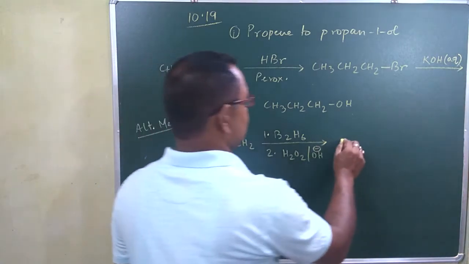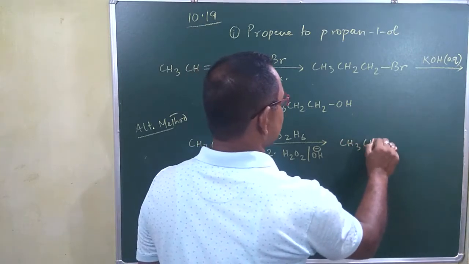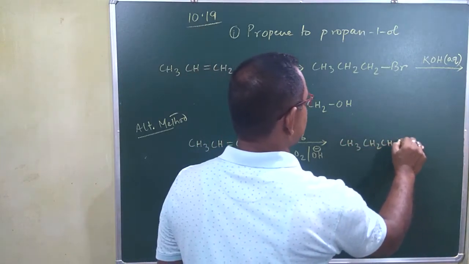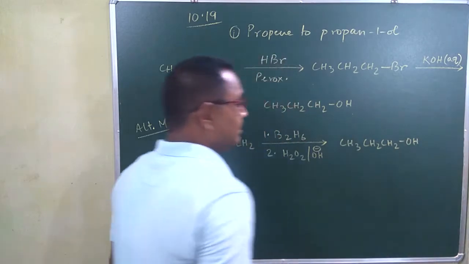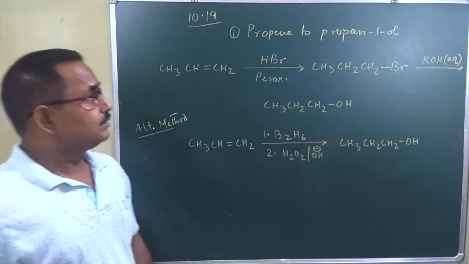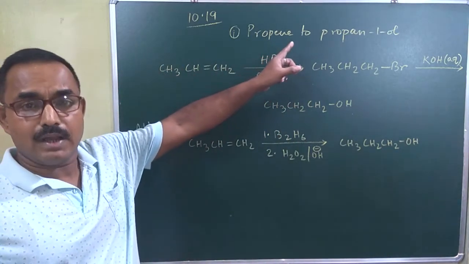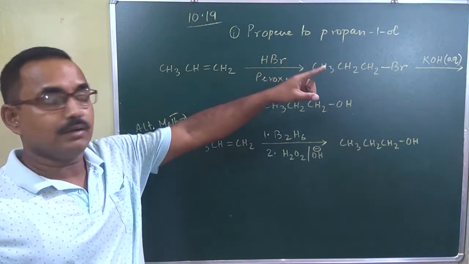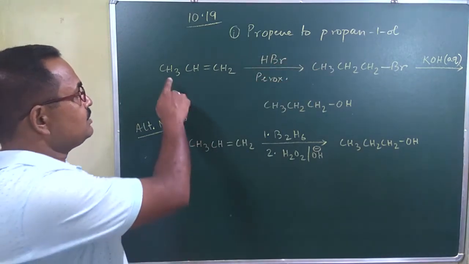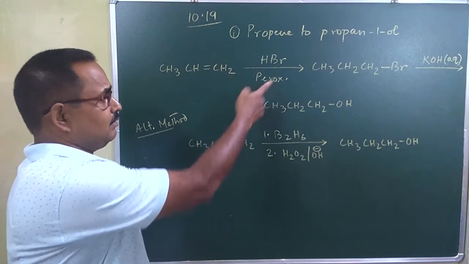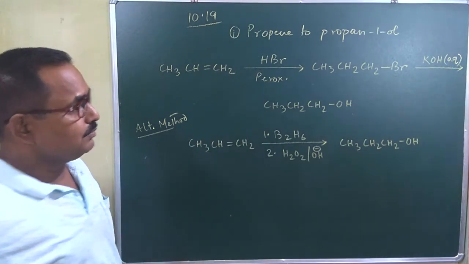In this reaction, we will get propan-1-ol. So starting from propene, we can have propan-1-ol by two methods. This is method 1, and this is method 2.